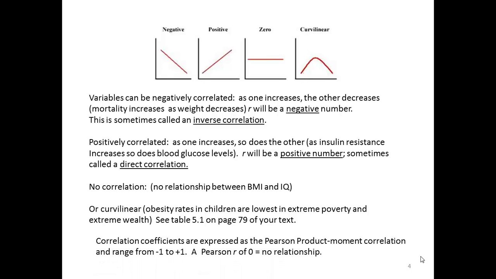A Pearson's R of 0, as I said, was no relationship, and a Pearson's R of +1 or -1 equals a perfect correlation, neither of which occur with any frequency in real life.